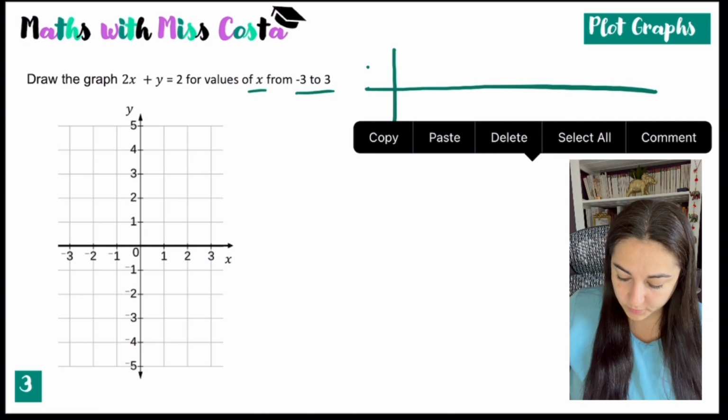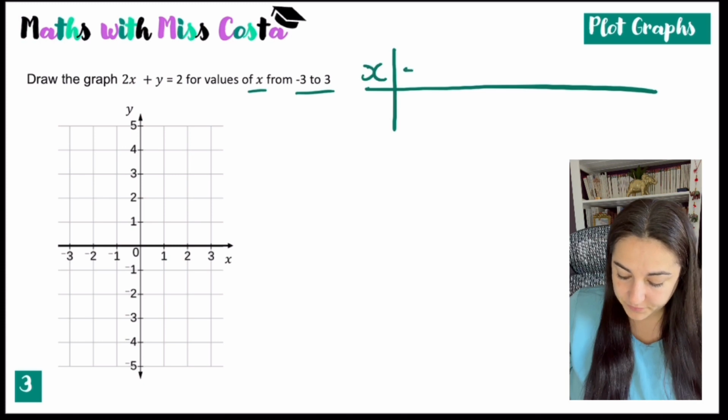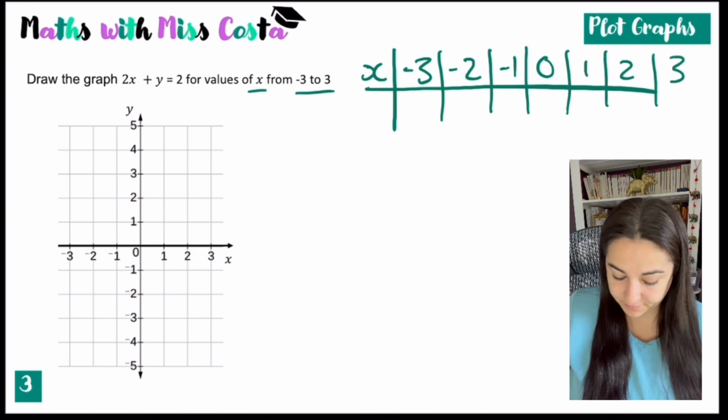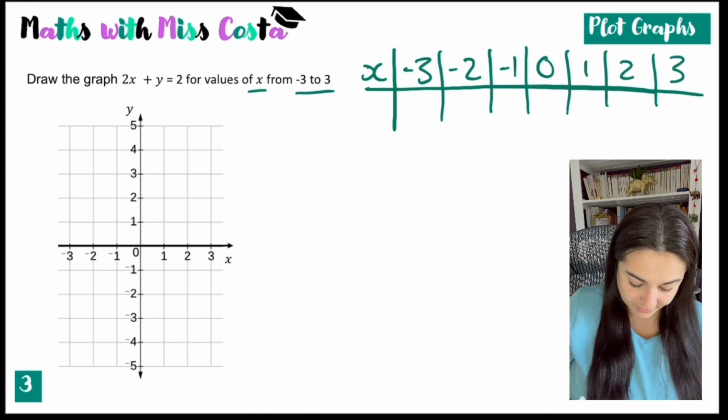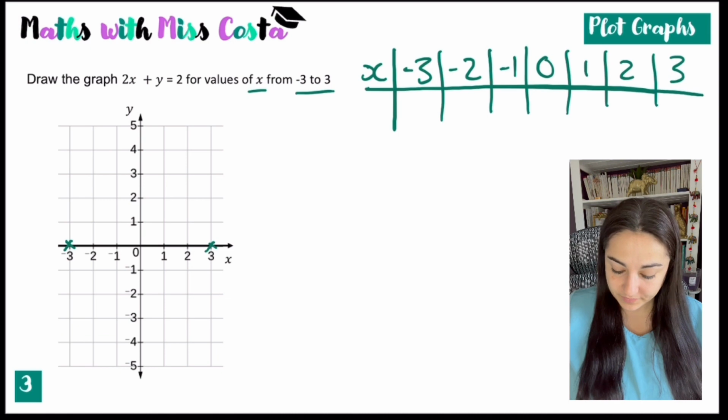Now, you've been told that the values need to be from -3 to 3. So you just plot yourself a little table of values from x values of -3 to 3, and usually these are going to match the x values on the graph, so you can see that the x-axis goes from -3 to 3.